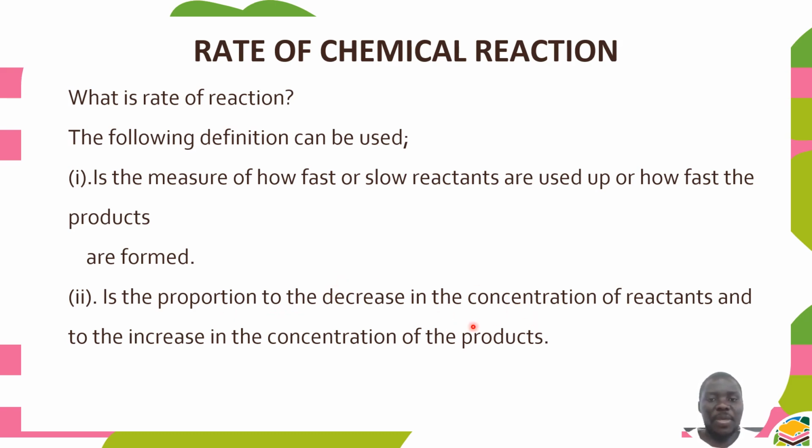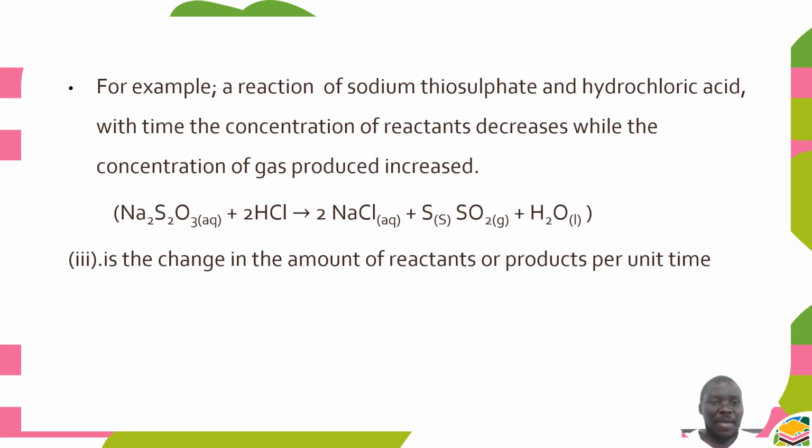Since the reactants are being used up, we expect their concentration to decrease, while as the product is being formed, the concentration is supposed to be increasing. It's being converted from the reactants to the product. Therefore, the concentration of the reactants must decrease because it is being used up, while the concentration of the product must always increase because it is being produced.